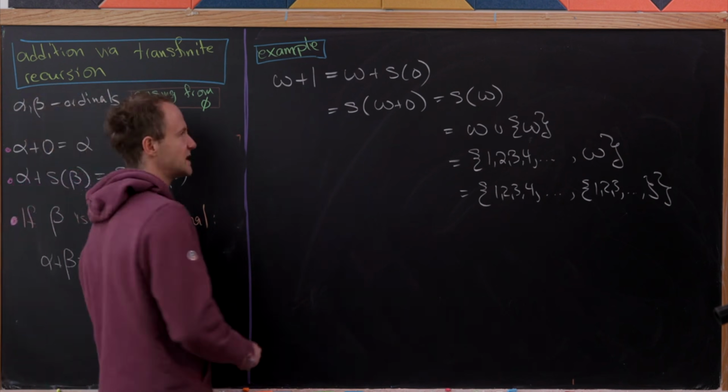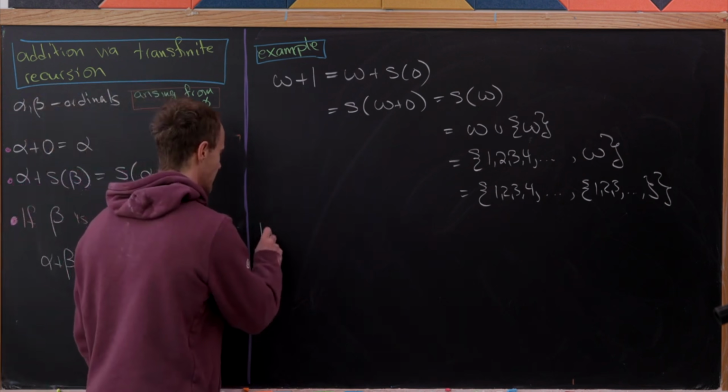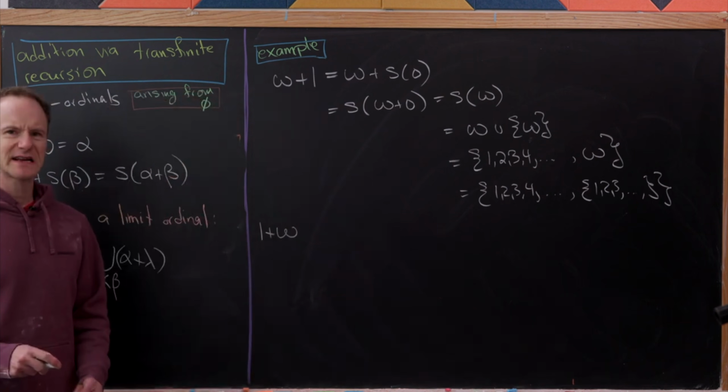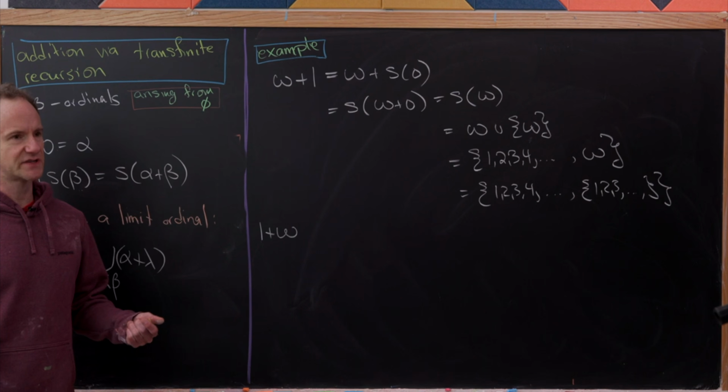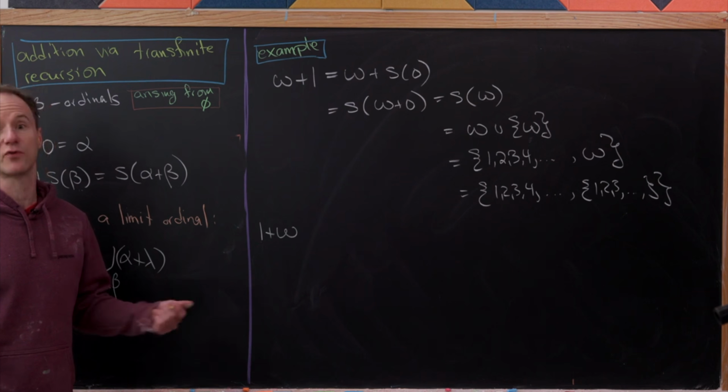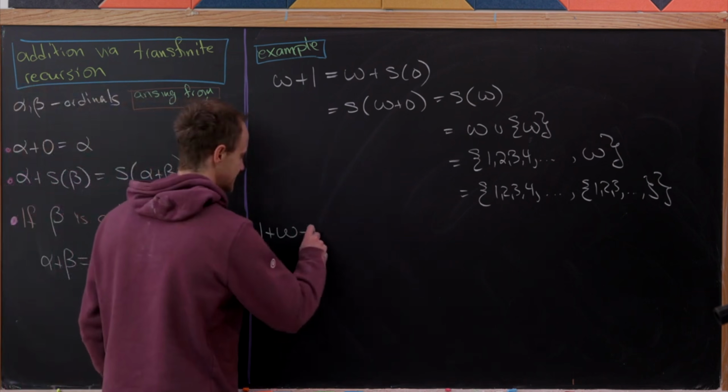Okay, let's see what happens if we do 1 plus omega instead of omega plus 1. I should point out that we're obviously checking if it's commutative, and we wouldn't be checking unless something surprising happened. So let's see.